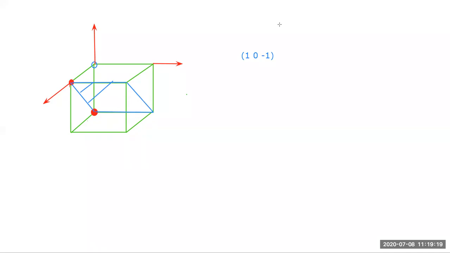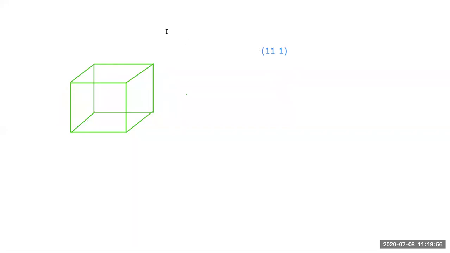Then we go for the 3 coordinate system. We have to draw the plane 1 1 1. So how do you draw the plane 1 1 1? This is the 3 coordinate system.